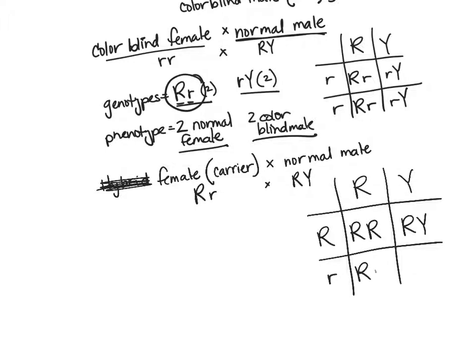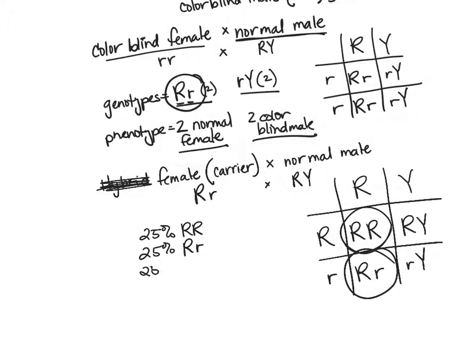we see very different odds here. So up here, we get 25% big R, big R, little r, 25% big R, Y, and then 25% little r, Y. So then what this means is that in this case, big R, little r, we have a normal vision female.